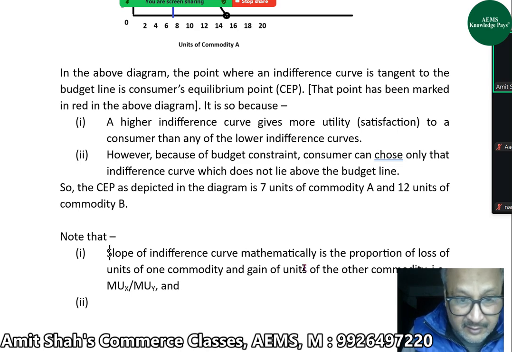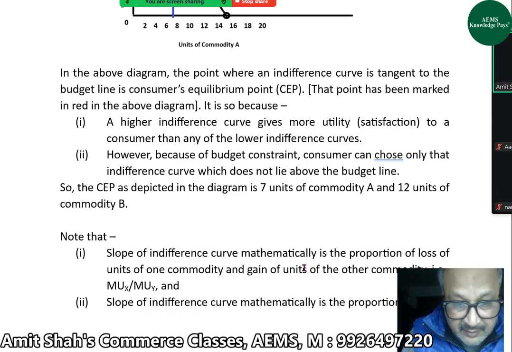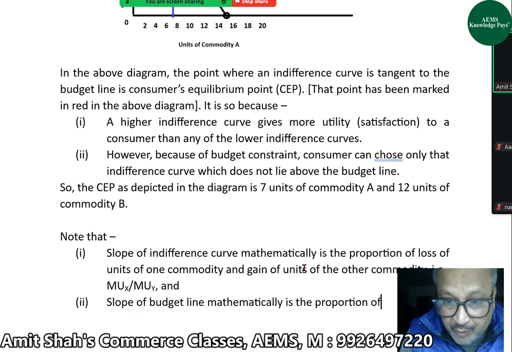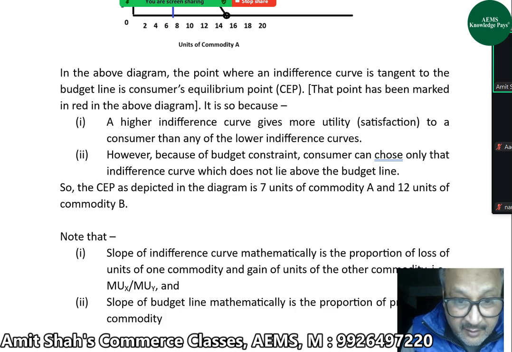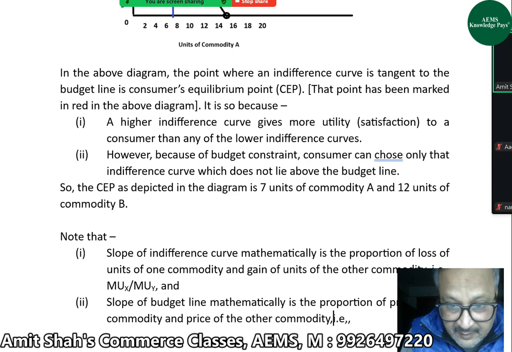And the slope of the budget line mathematically is the proportion of the price of one commodity and the price of the other commodity. That is Px divided by Py.